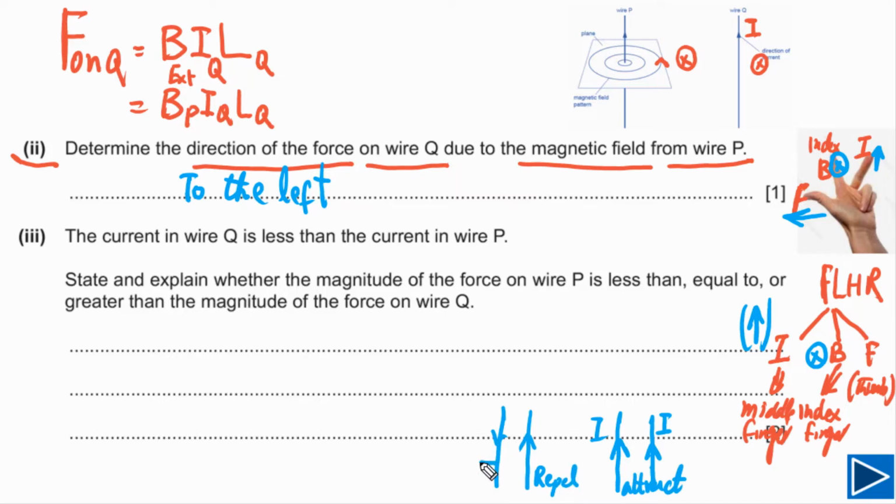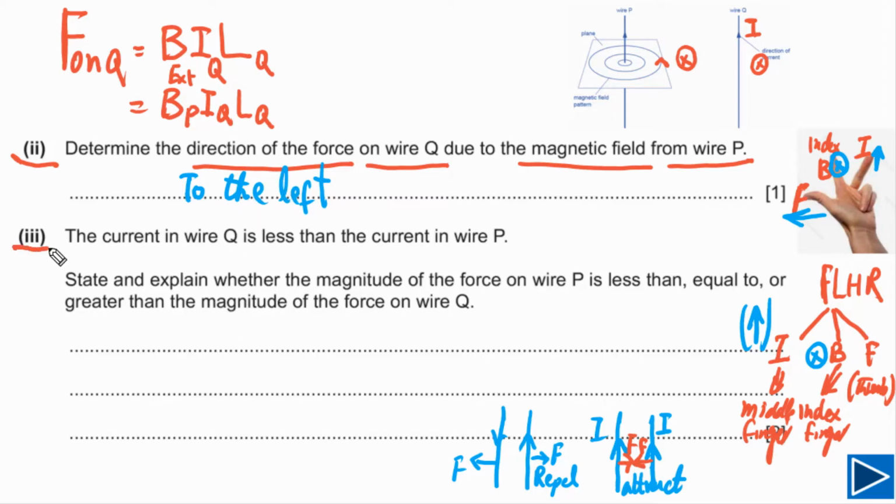Means the force on this wire will be this way, and the force on this wire will be this way. So these two will repel. But if current flows in the same direction, these two wires will attract. So without using Fleming's left-hand rule, you can find the direction of force on a wire. So in this case, the direction of force is to the left.